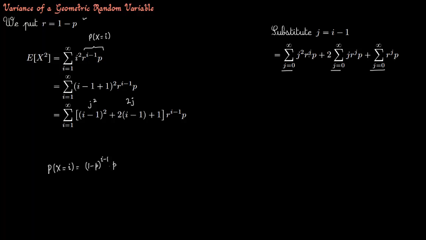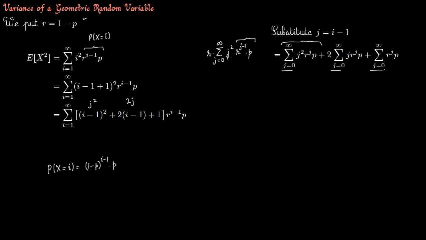Now for the first term, you take r outside. This simply becomes r times the summation of j equals 0 to infinity of j squared times r to the power of j minus 1 times p. This is nothing but again a geometric random variable, so this will be expectation of X squared.